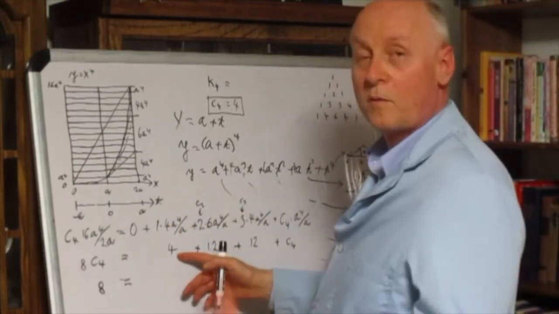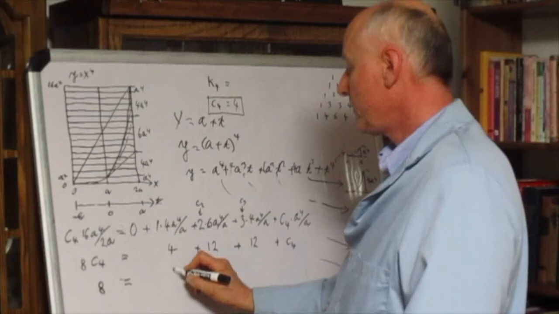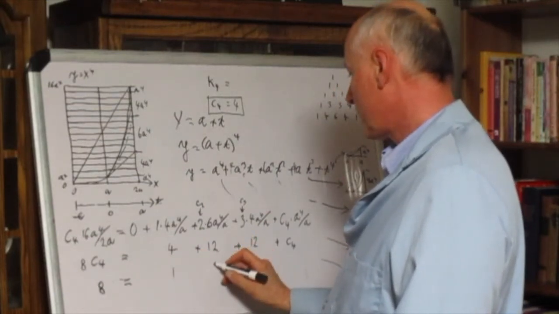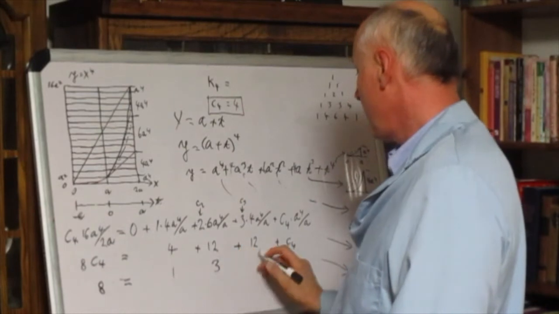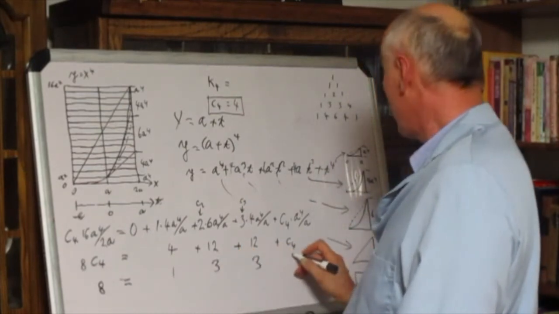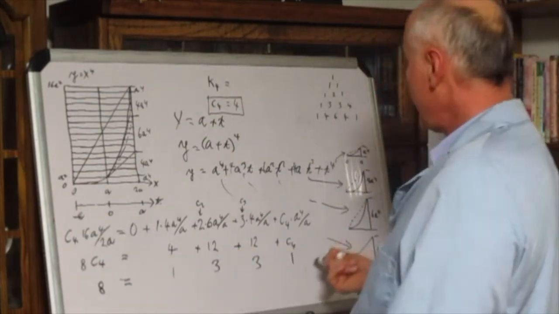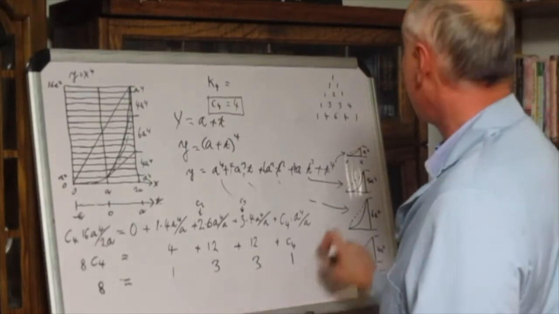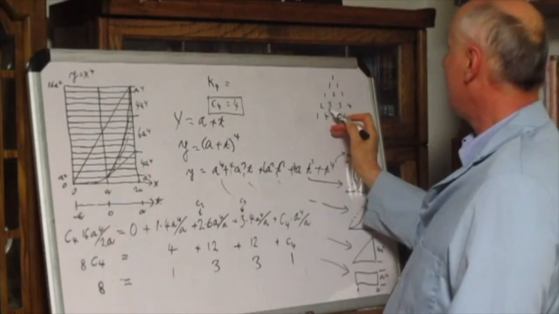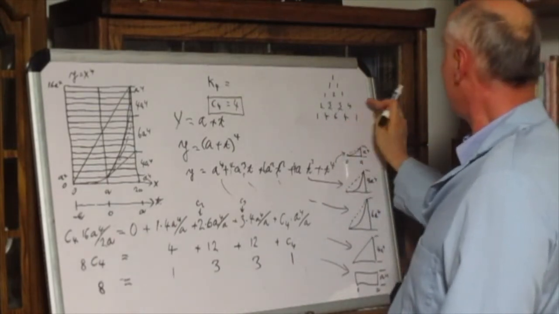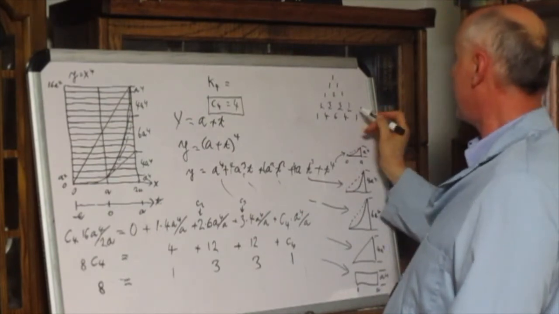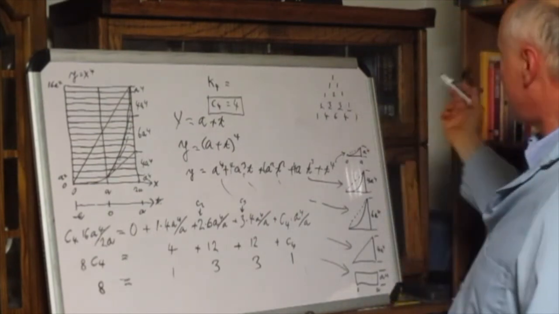Basically, that's called normalization. 1 and 12, this would be 3, 3, 1. And look what it gives us. It gives us 1, 3, 3, 1. Oh, I made another mistake. Good. Okay. 1, 3, 3, 1.